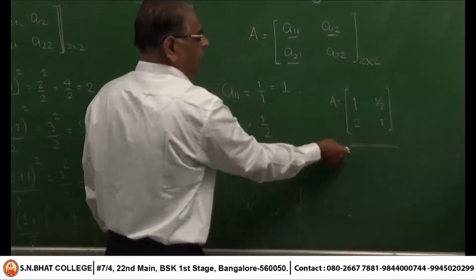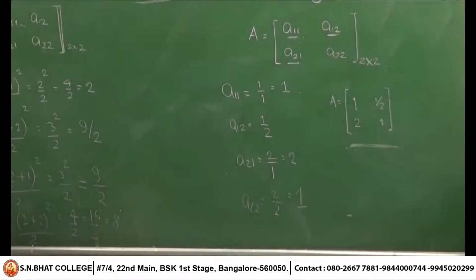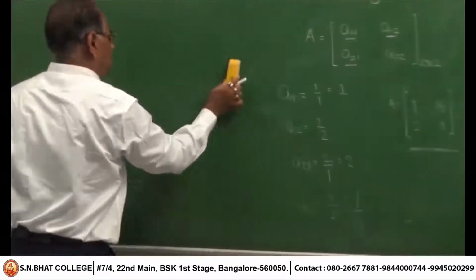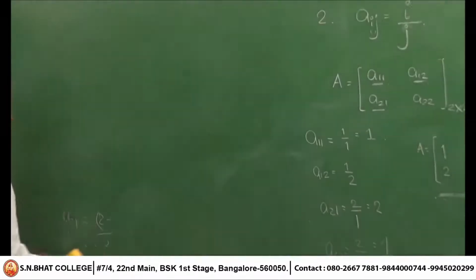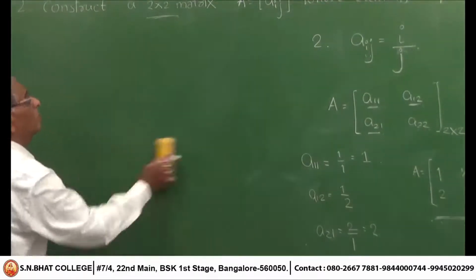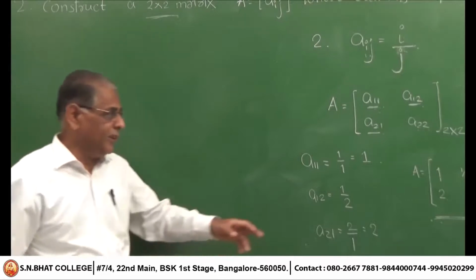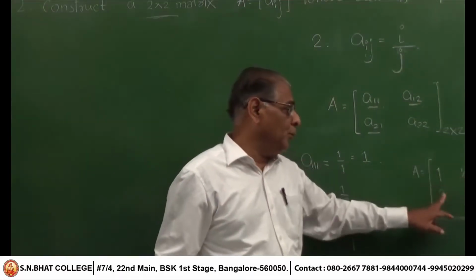This is the 2 cross 2 matrix. Final answer is 1, 1 by 2, 2 and 1.